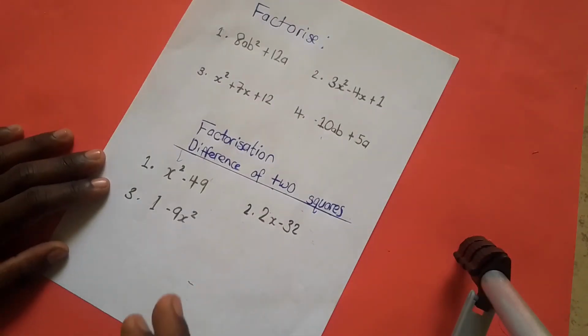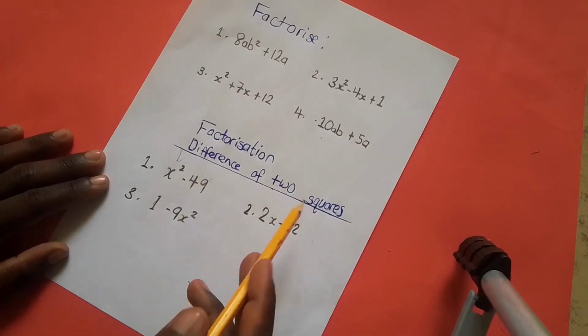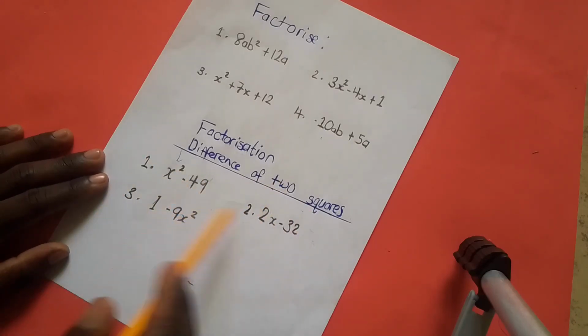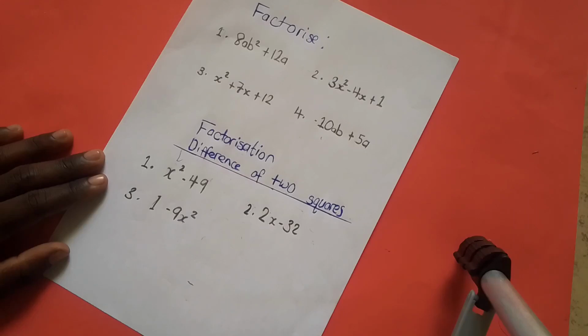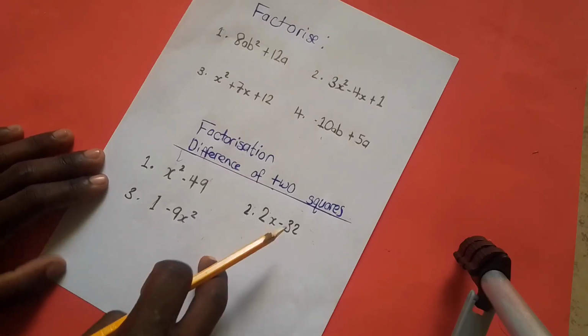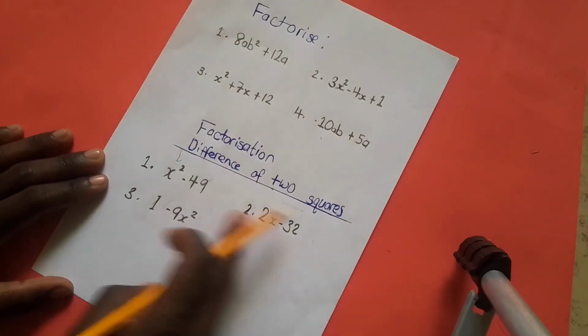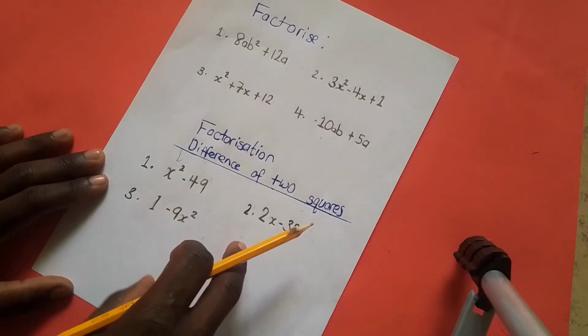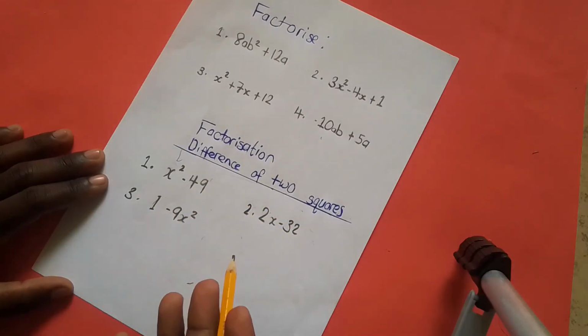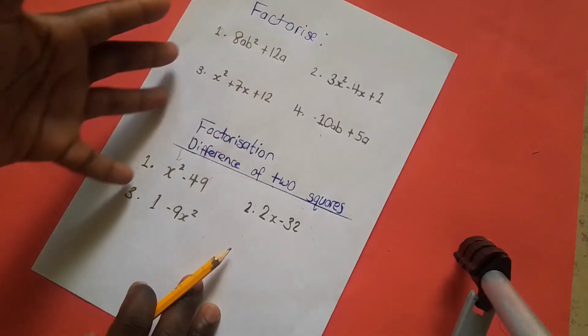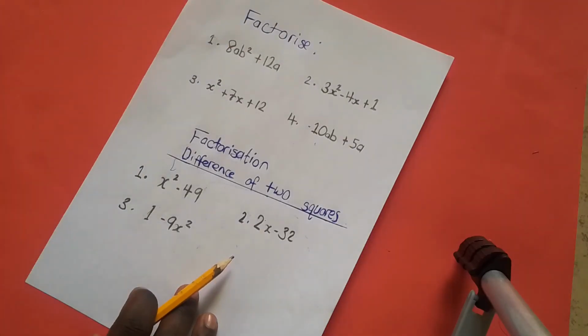Right after this video I'm going to do another tutorial on factorization, the difference of two squares, and I'll solve these three questions. Then you're done with factorization. This is basic factorization. If you master all these questions I've taught you, you'll be done with factorization, right?